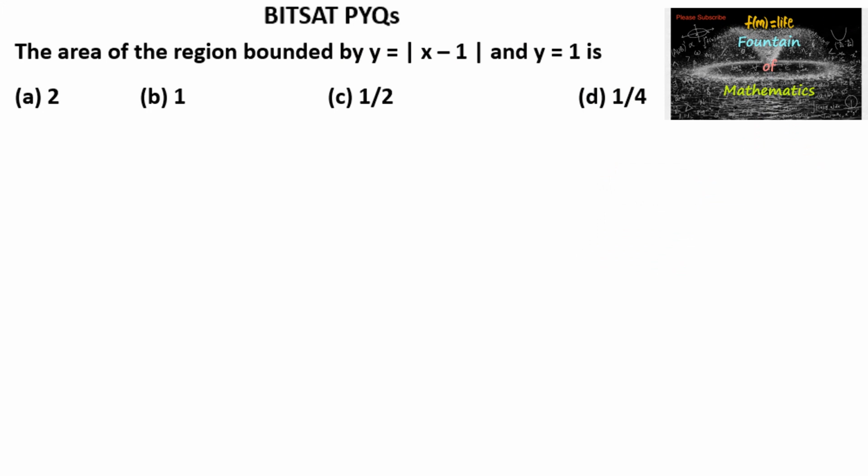The area of the region bounded by y is equal to mod of x minus 1 and y is equal to 1. So mod of x minus 1 we can write x minus 1 when x is greater than or equal to 1, and negative of x minus 1, that is 1 minus x, when x is smaller than 1.